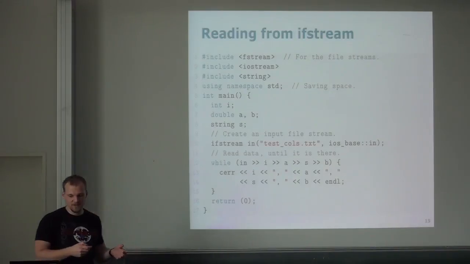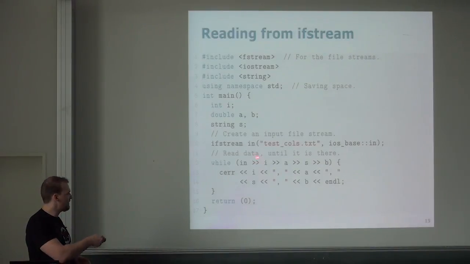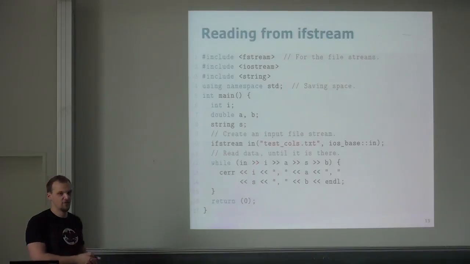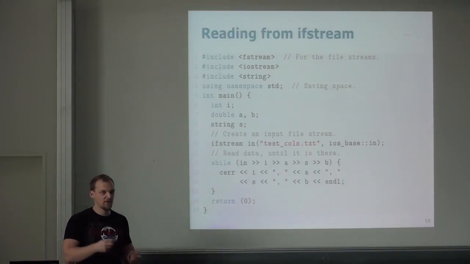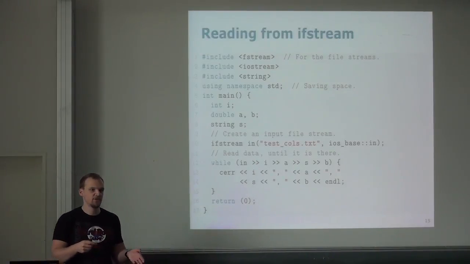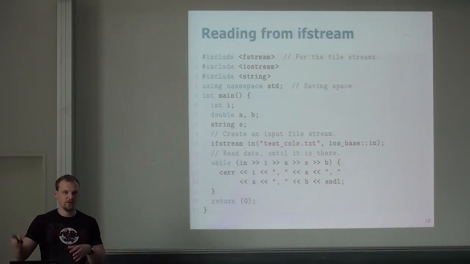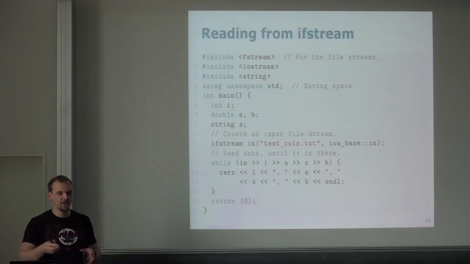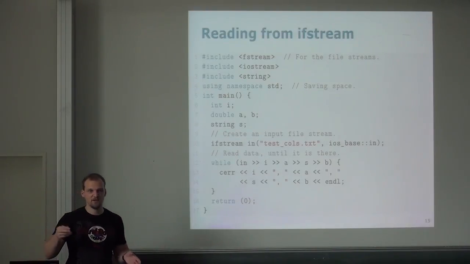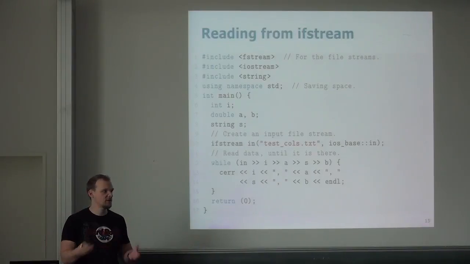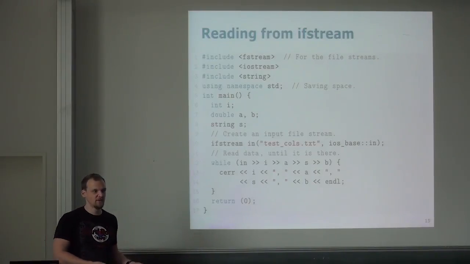What you do is you just use the same operator that we've been using before for cin. In the first homework, you implemented this game where you needed to pass some parameter into it, and it would read it. That's exactly what you were using there. But now you're not reading from the terminal where the user has to input something, you're reading from a file.